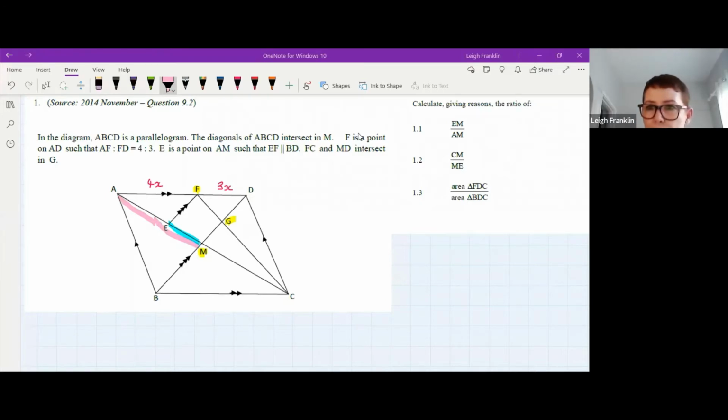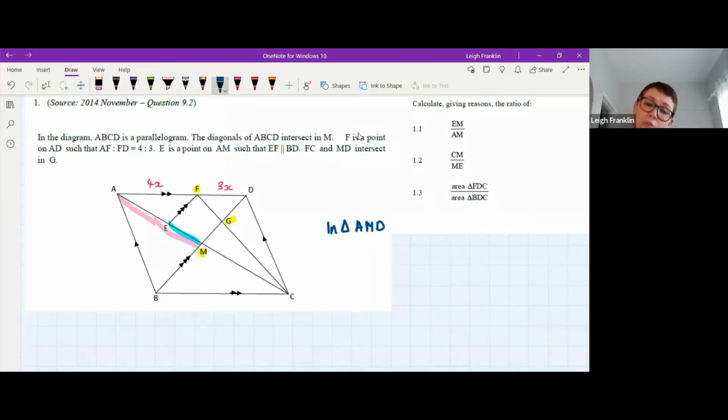Triangle AMD. All right, and we can work in triangle AMD because we have a line, in this case the line EF that is parallel to line MD.